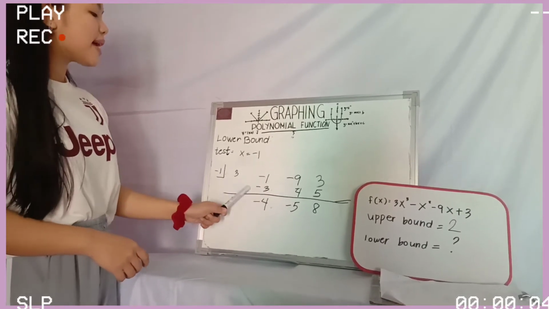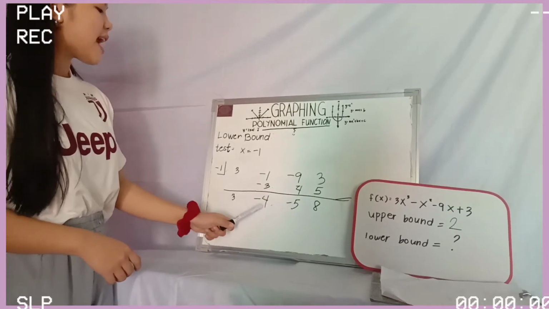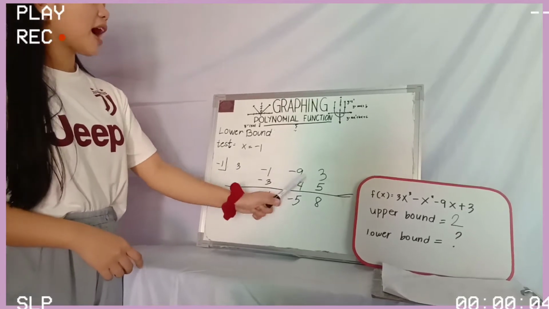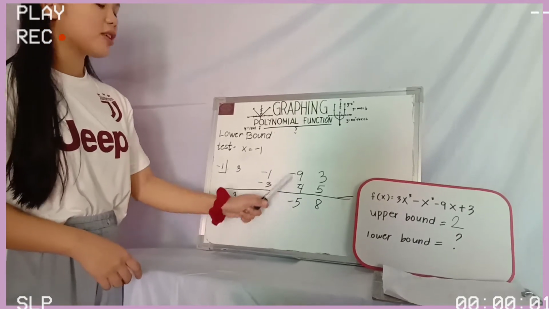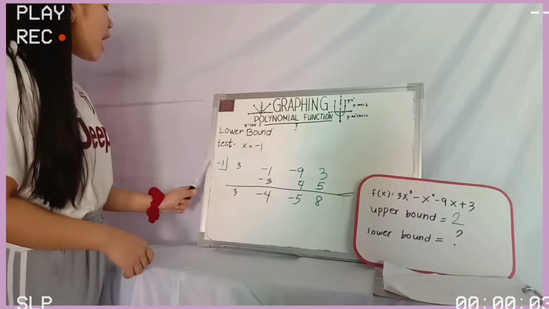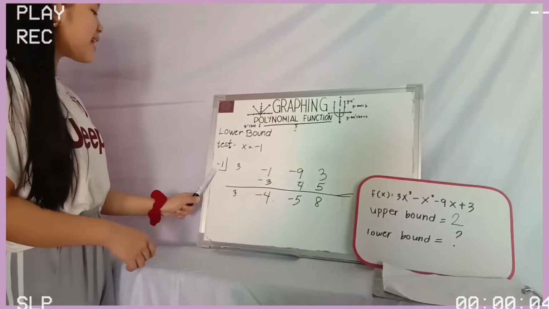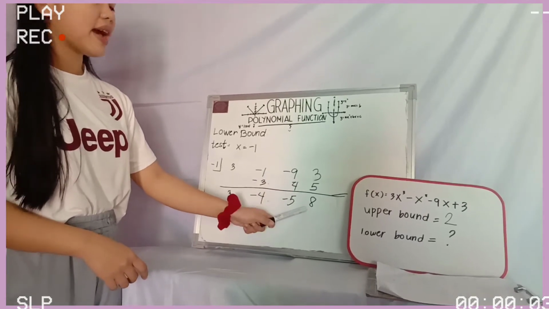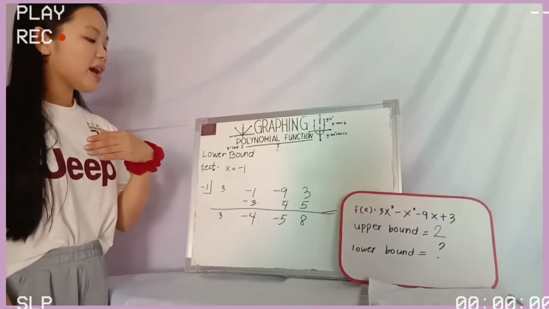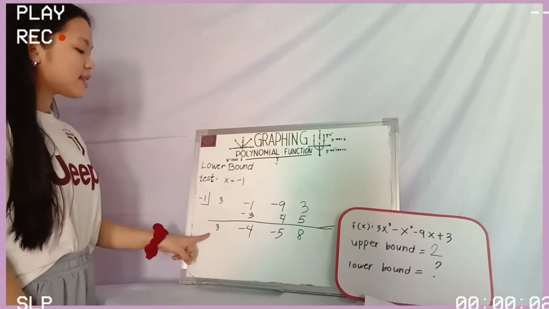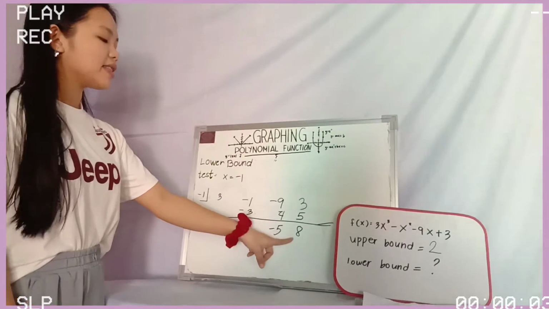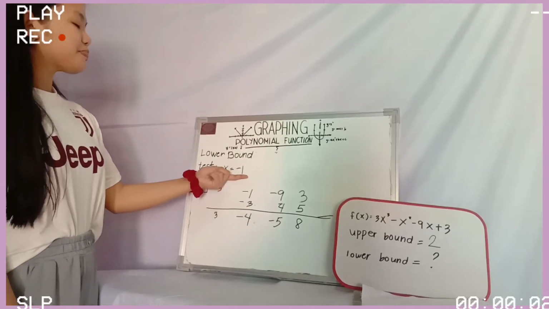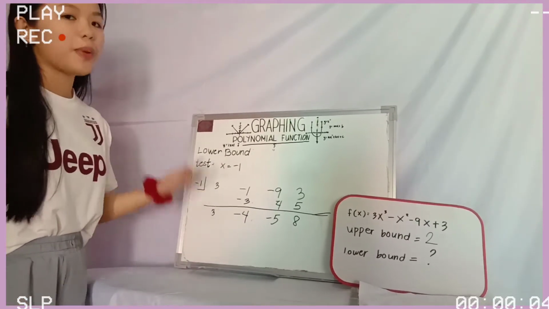Negative 1 plus negative 3 equals negative 4. Negative 4 times negative 1 is positive 4. Negative 9 plus 4 equals negative 5. Negative 5 times negative 1 is positive 5, and 3 plus 5 equals 8. As you can see, they are not alternating, because it goes positive, negative, negative, 8. So x equals negative 1 is not a lower bound.